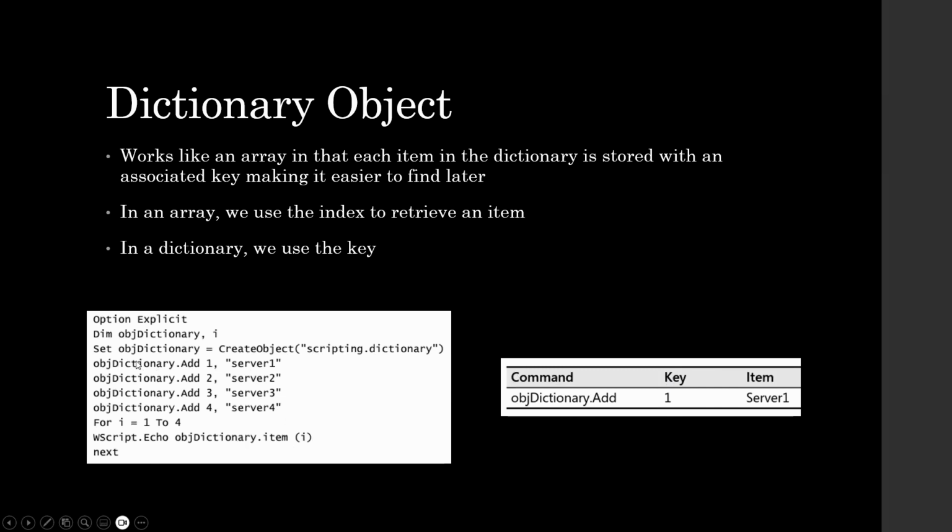Now, for example, I could say object dictionary.add name, add address, add phone number. So these keys don't have to be numeric values, which is how it makes it easier to find them in the future. You actually could then say, find my item of name, and it will use name instead of a numeric, such as 1, 0, whatever.